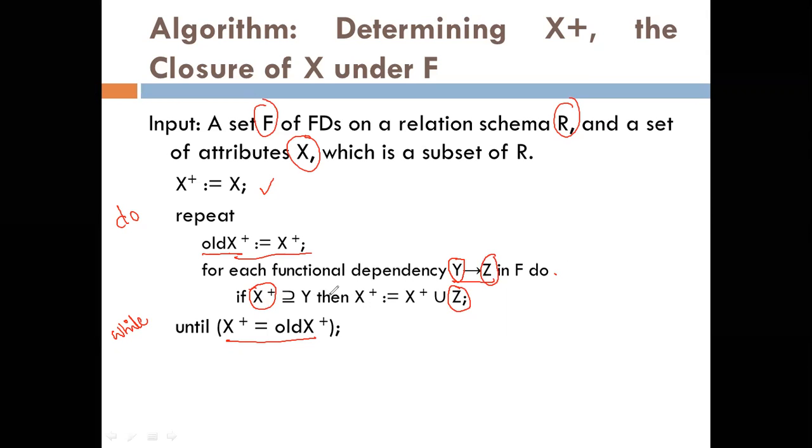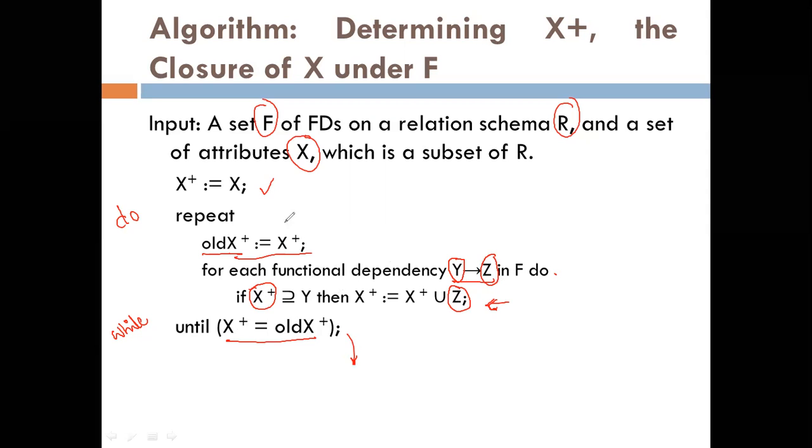After one iteration, we will verify whether there is any updation in the X plus, that is, the closure. If there is no updation, then we come out of the iteration. If there is any updation in this step, then once again the entire process is repeated for finding the closure.